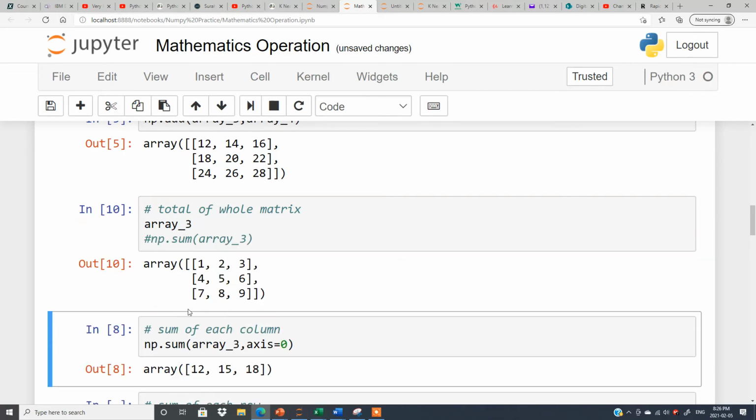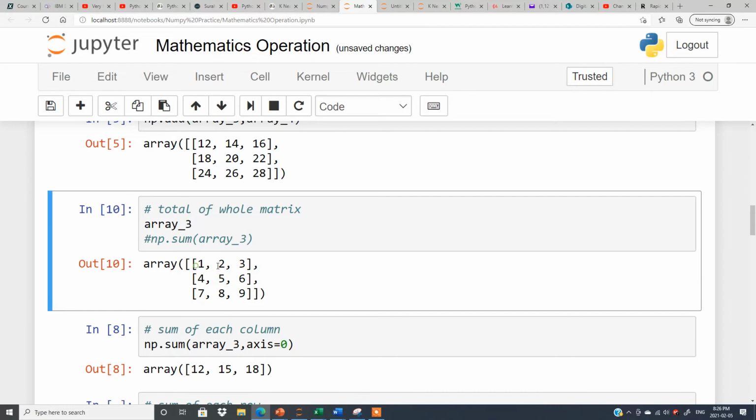This is our array 3, right? Axis equal to 0 means we are going to add the columns. So here 1 plus 4 is 5, 5 plus 7 which is 12, 5 plus 2 is 7, 7 plus 8 is 15, and so on. If you want to add rows, like getting the total of this row, then this row and this row, everything is the same.